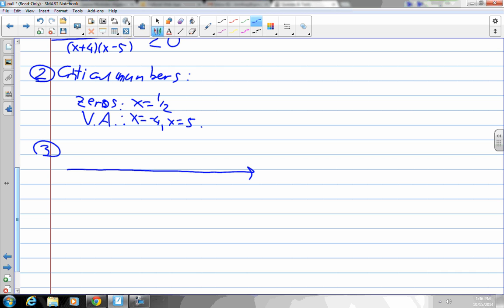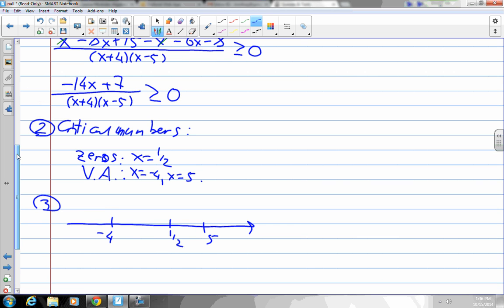I'm going to put my critical numbers here, negative 4, 1/2. Yeah, so that's how we do zeros of rational functions: whatever makes the numerator equal 0. Okay, so here it is, right? All I need is one sign.